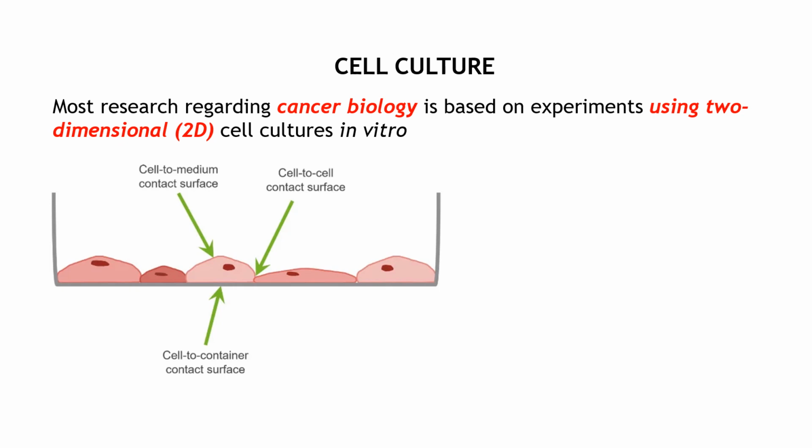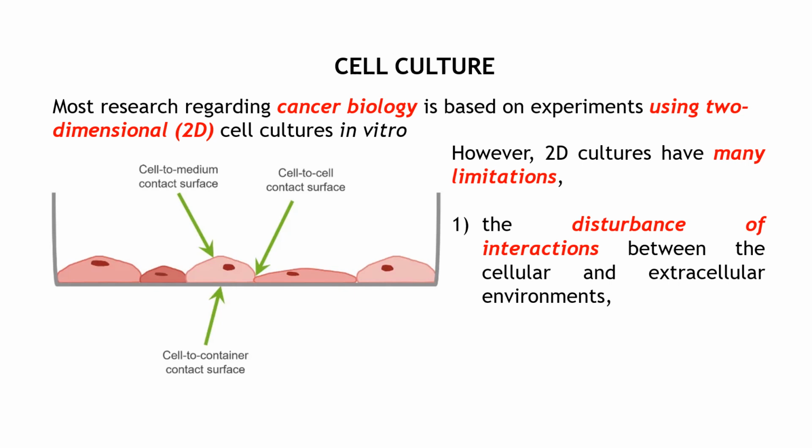Although in the past cancer biology used a lot of two-dimensional cell culture, there are some limitations, as you watched in the video and as I explained in the previous slide.